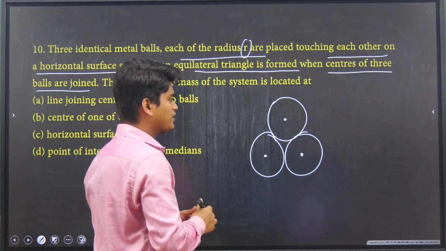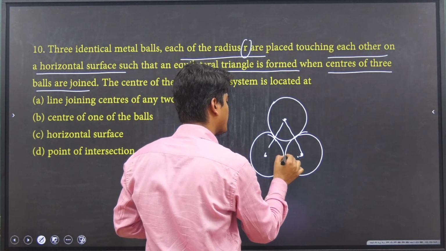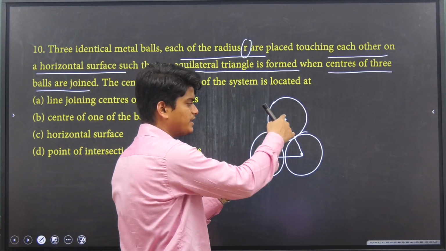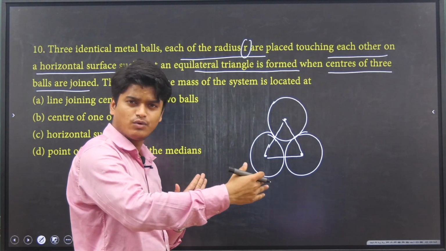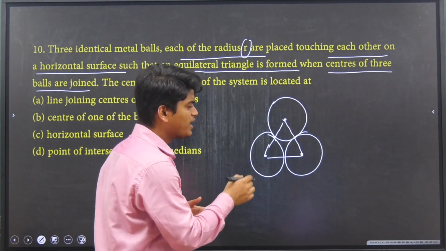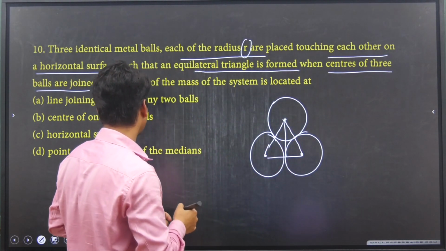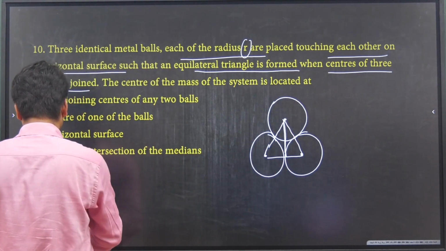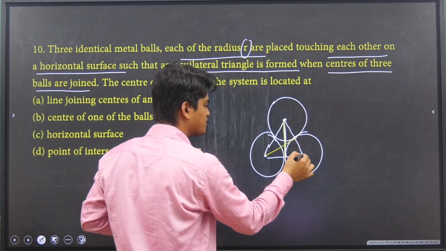Now a three-body system is forming like this, and I can join them into an equilateral triangle like this. Now where will the center of mass lie? We can calculate coordinate-wise, but here coordinates are not given, so we will calculate logically. For these three, we draw what are called medians. The perpendicular from a vertex to the opposite side is called a median. So this is the first median, this the second median, this the third median.